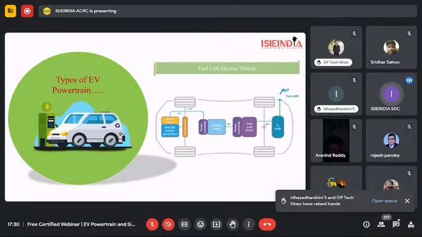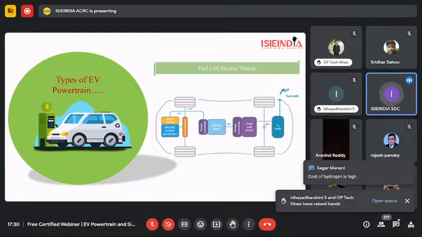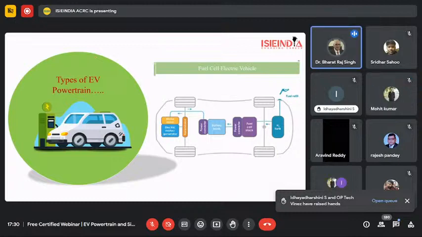Yes, you can say the stack cost. If there is mass production of fuel cell stacks, then the price may get lower. But the main concern of the fuel cell electric vehicle is its fuel, hydrogen. The storage of hydrogen is very difficult and very costly. We use cryogenic tanks to store the hydrogen.